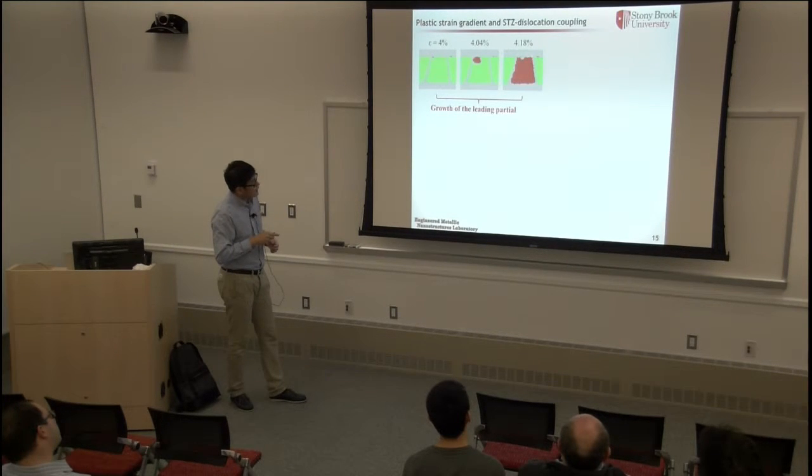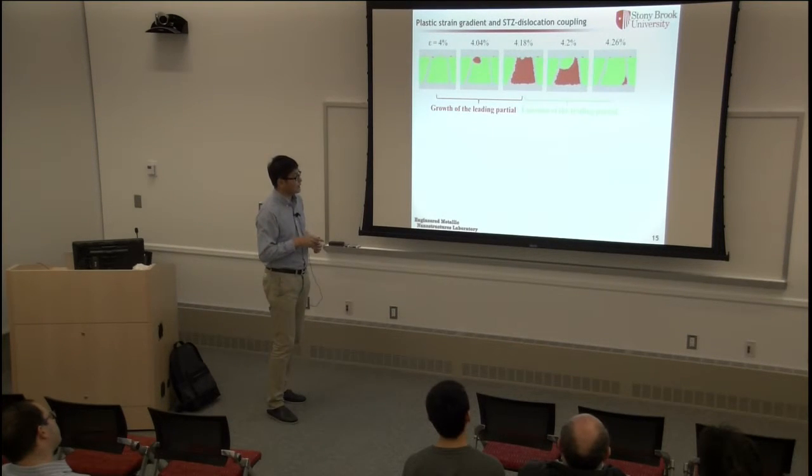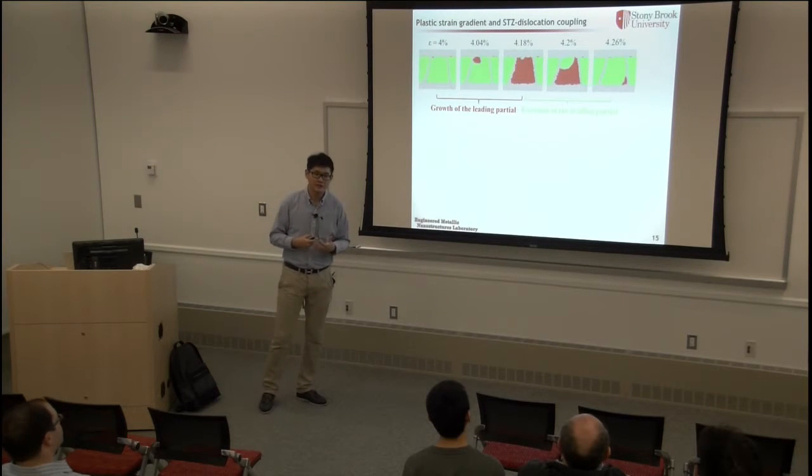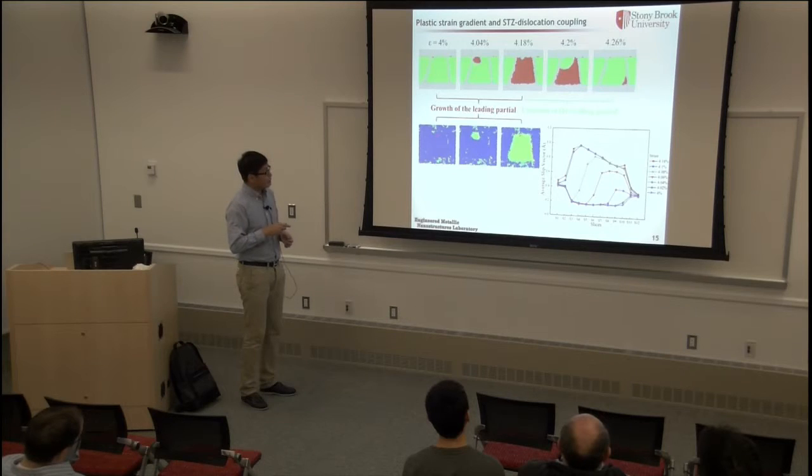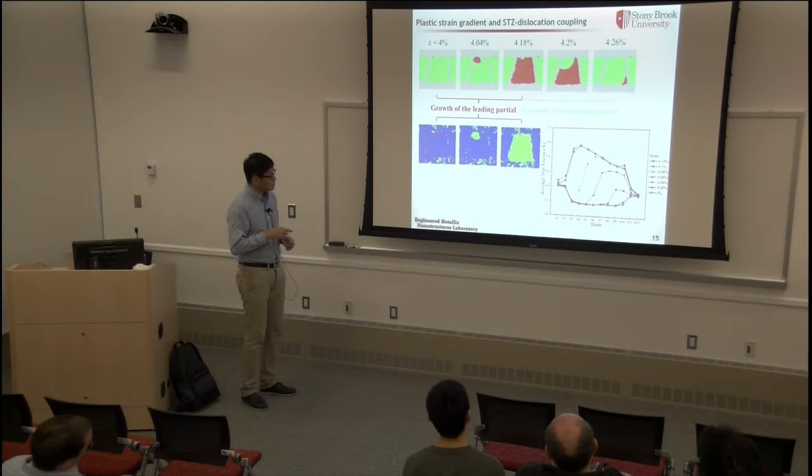The trailing partial is emitted from the nanospot, removing this stacking fault to lead to a full dislocation glide. And if we visualize through the slip vector analysis, we found that the first one is triggered by STZs in this intersection, but the later one is triggered by other STZs in the amorphous layer.